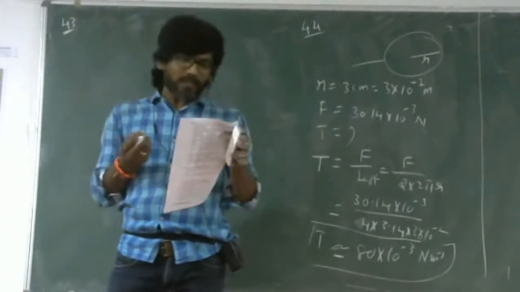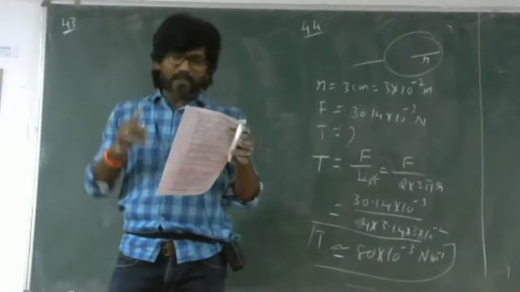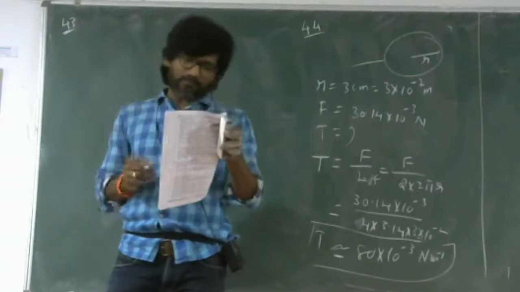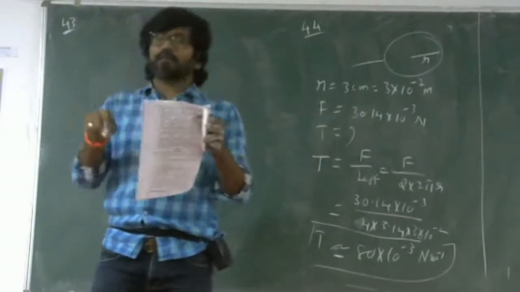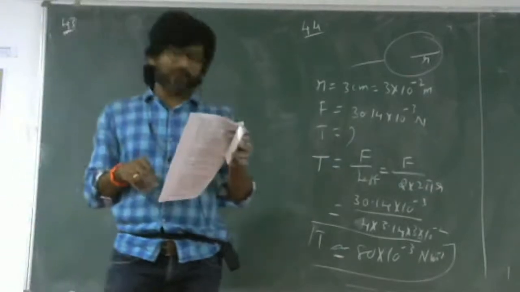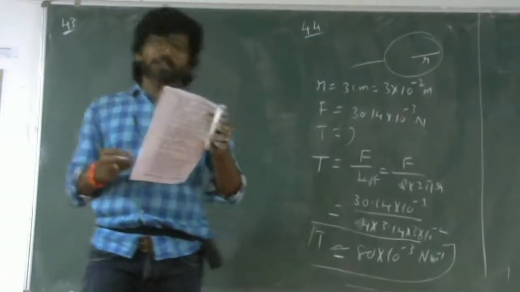Concepts are very important. The shearing stress between the horizontal layers of water in a river is 1.5 millinewton per meter square, and the eta of water, what is this eta of water? Viscosity of water is 1 into 10 power minus 3 Pascal second. Velocity gradient is.